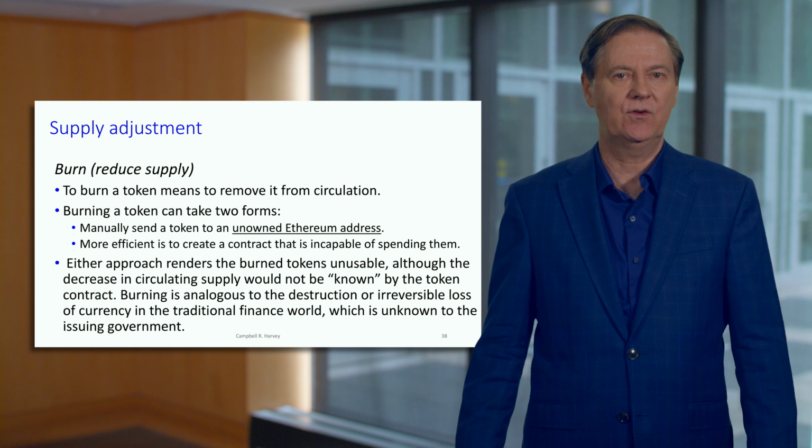So it's much better to send to a contract that is incapable of spending. And there's no way to modify that contract. So the contract's there. It's got no mechanism to change the very important property of no spending, and is there forever. In the Ethereum blockchain, it is immutable.